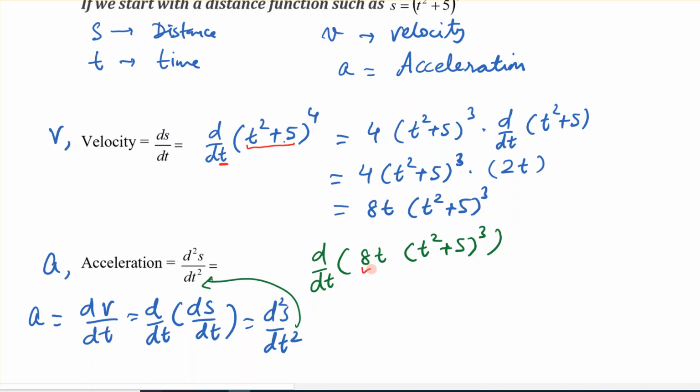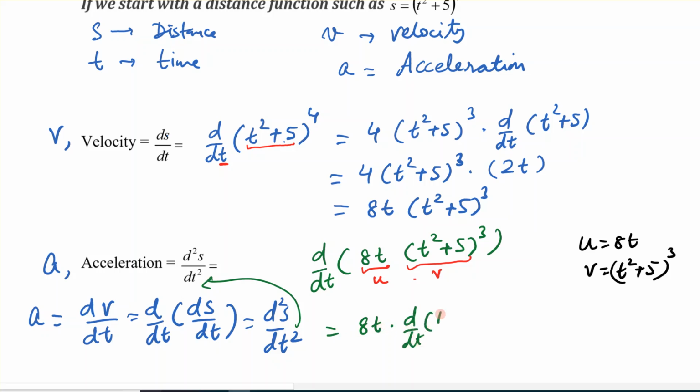So we have u times v, where u is equal to 8t and v is equal to t square plus 5 whole cube. So our product: first function as it is, derivative of second, plus second function as it is, derivative of first.